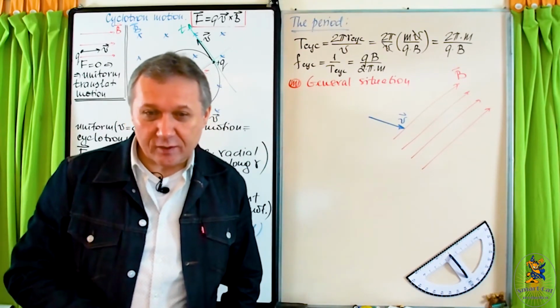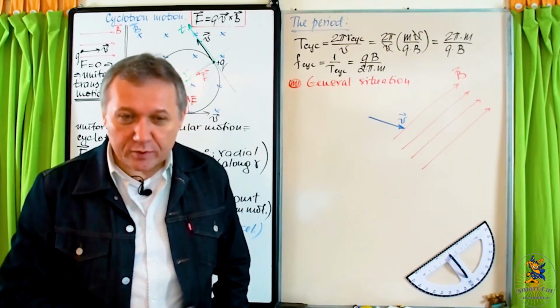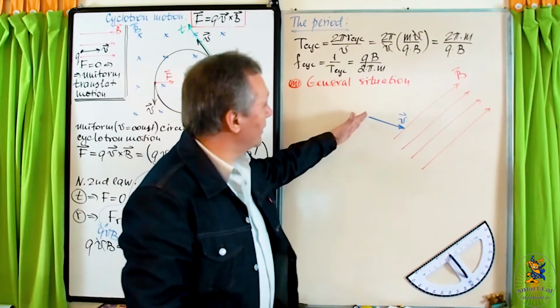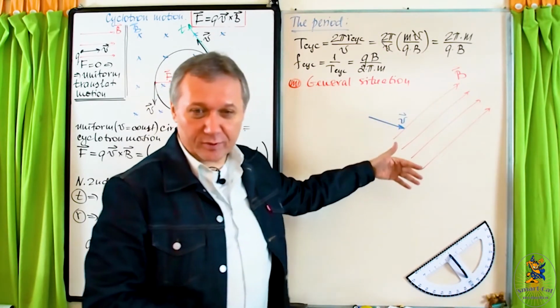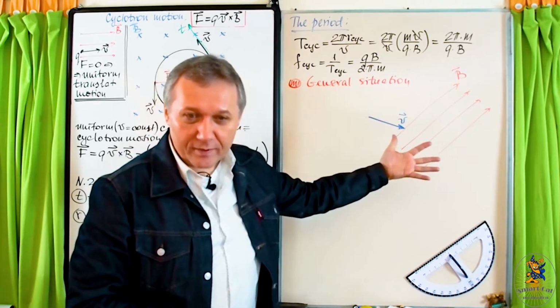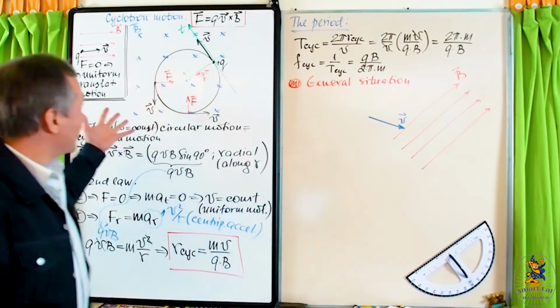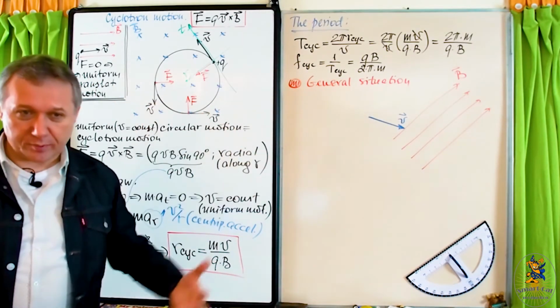In order to understand what will happen in this case, we have to decompose this velocity into two components. The first component will be parallel to the magnetic field lines, and the second perpendicular. We just discussed the trajectories which will be produced by those components.